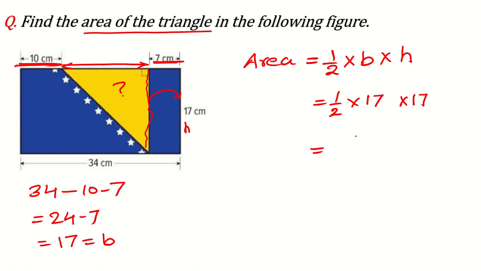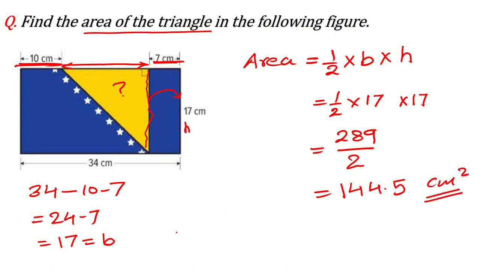Now it is just a multiplication: 17 times 17, I guess it will be 289. Please check the calculation. Divided by 2, it is 144.5 centimeter square. Like this you can find the area.